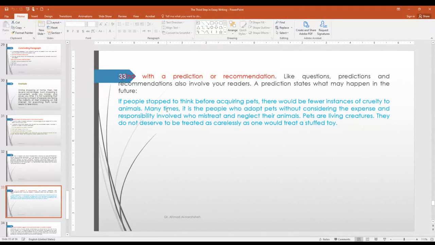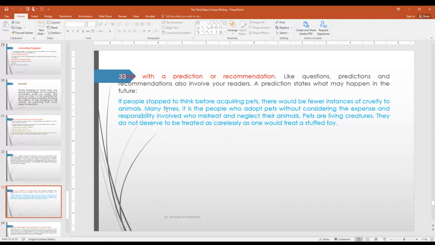Pets are living creatures. They don't deserve to be treated as carelessly as one would treat a stuffed toy. Yeah, this is a recommendation. This is a recommendation.